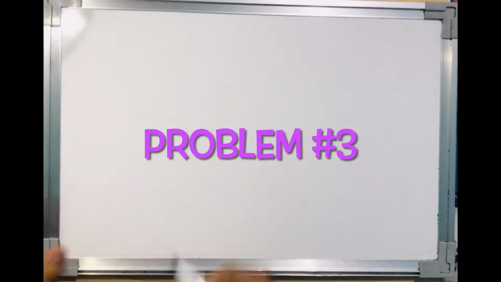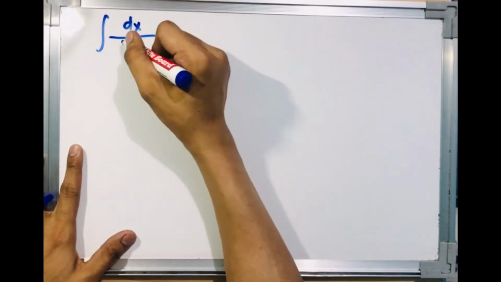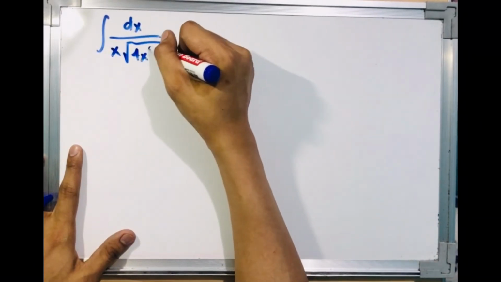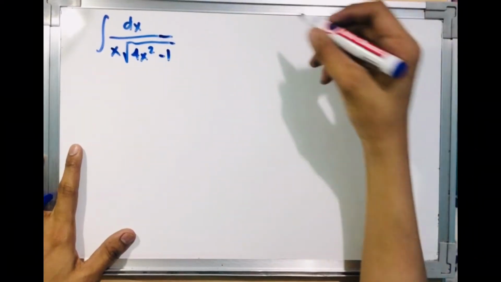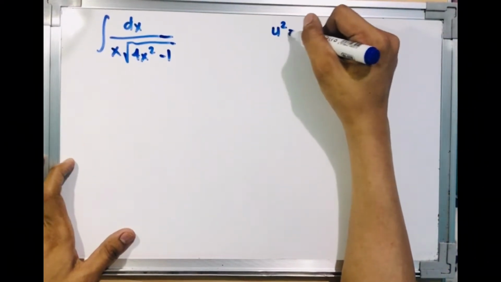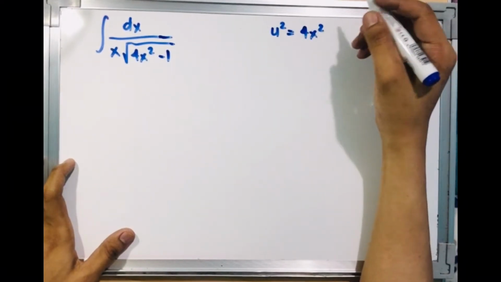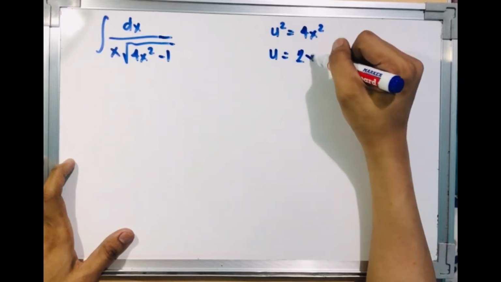So our next problem is the integral of dx over x times the square root of 4x squared minus 1. And set up natin yung ating u squared, and clearly it's 4x squared. And our u is equal to square root ng 4x squared, that's 2x.